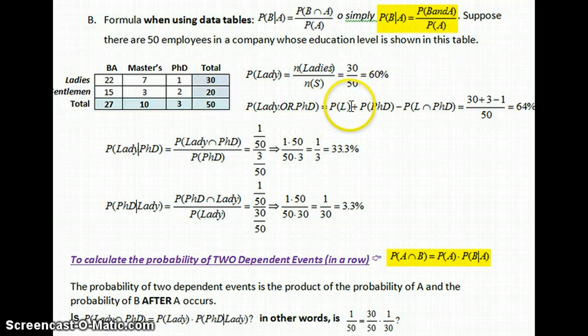The probability of choosing a lady plus the probability of choosing someone with a PhD, minus the probability of choosing a lady and someone with a PhD, or in other words, a lady with a PhD.